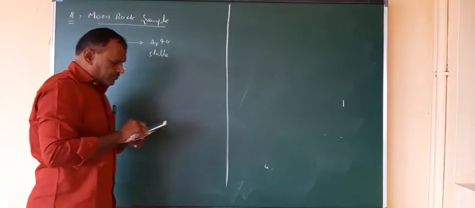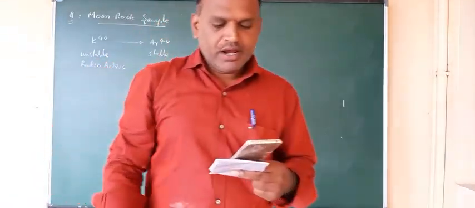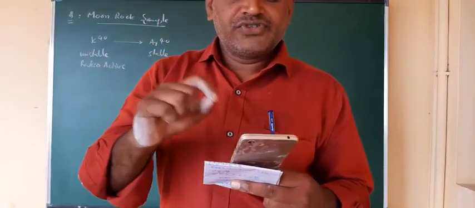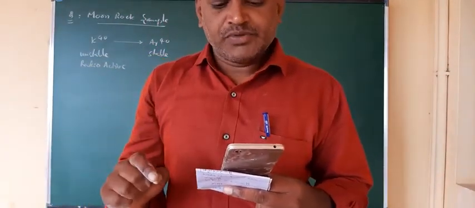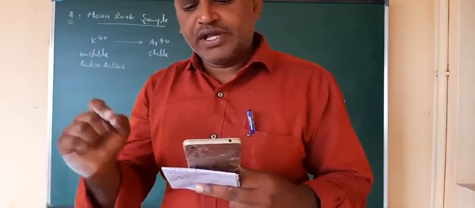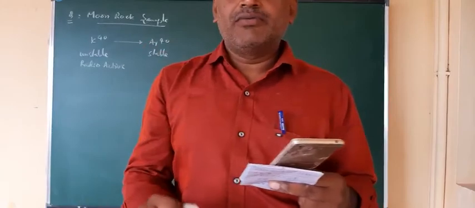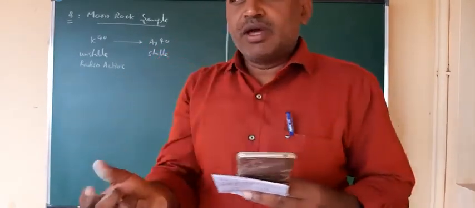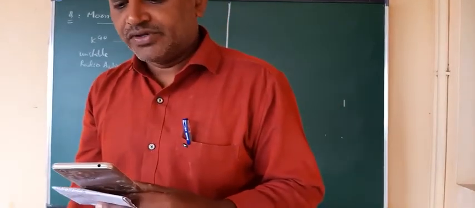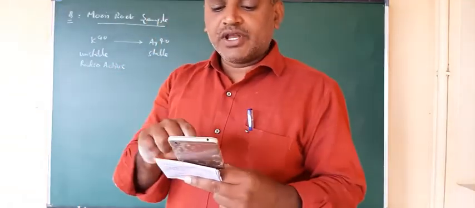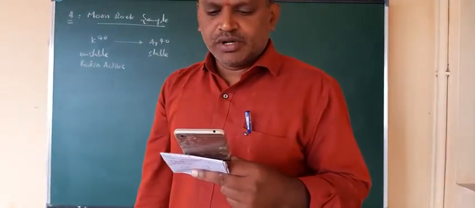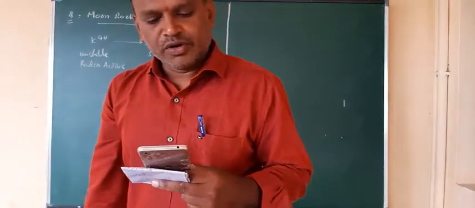So we have a moon rock sample. In it, the ratio of the number of stable argon 40 atoms present to the number of radioactive potassium 40 atoms is given as 7:1. This is question number 16 in your material.